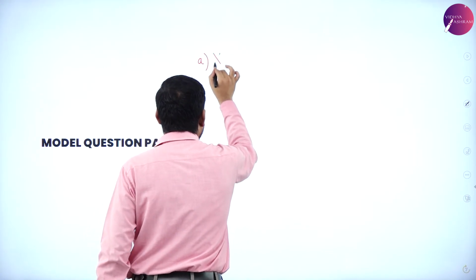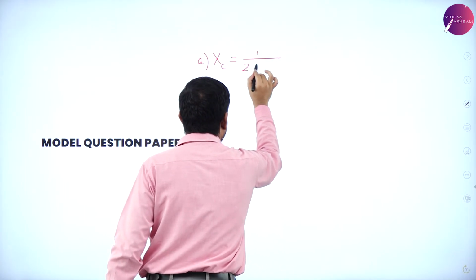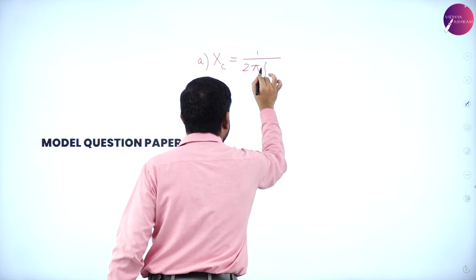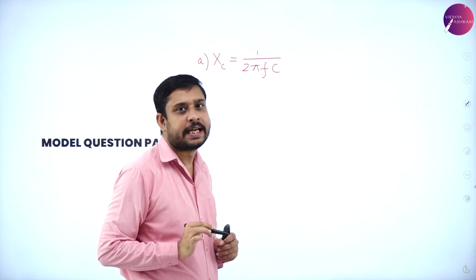We know XC is 1 by 2 pi f C, the capacitive reactance.